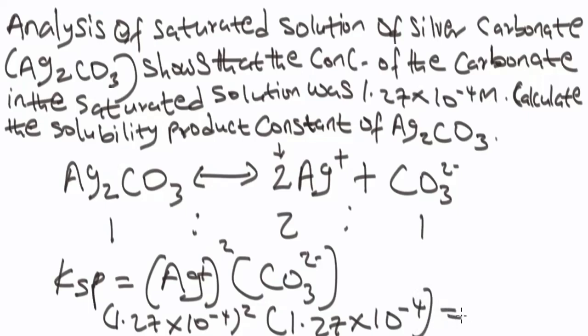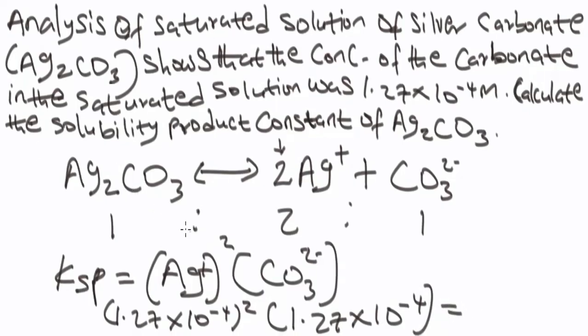Let me punch this into my calculator. Wait, before we punch the calculator, we have to multiply the silver ion molar concentration by 2, because the mole ratio here is 2. Very important. Multiply it by 2 and also raise it to the stoichiometric coefficient 2.